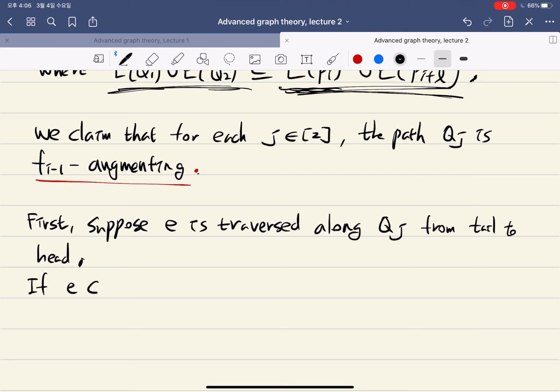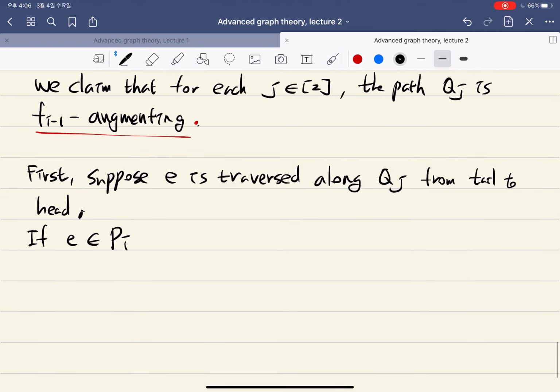If e is in pi, then we know that Qj and this pi traverse e in the same direction.